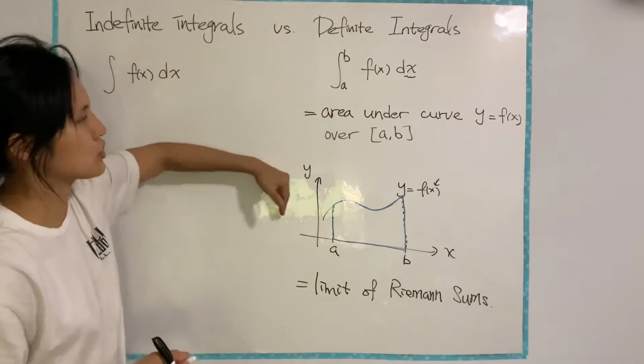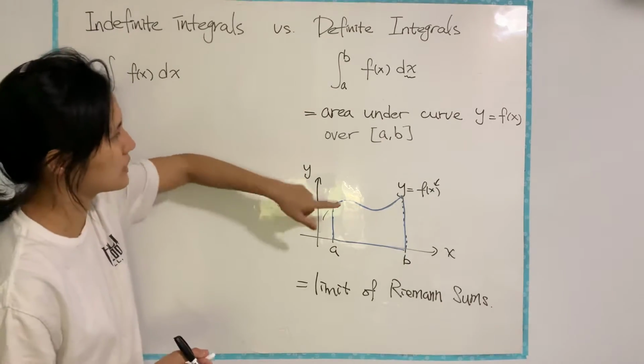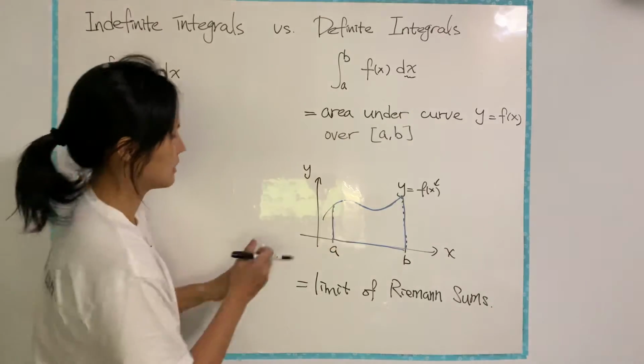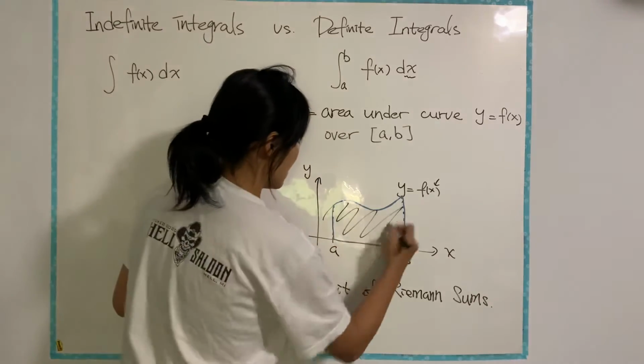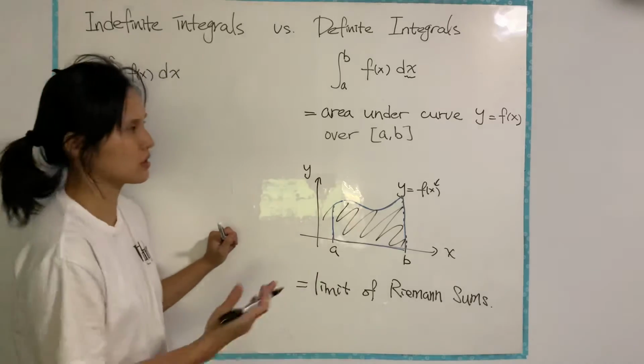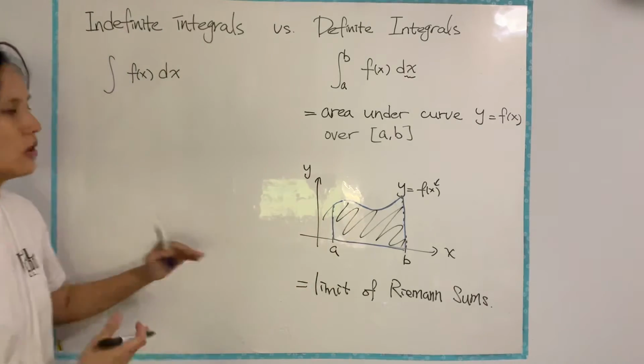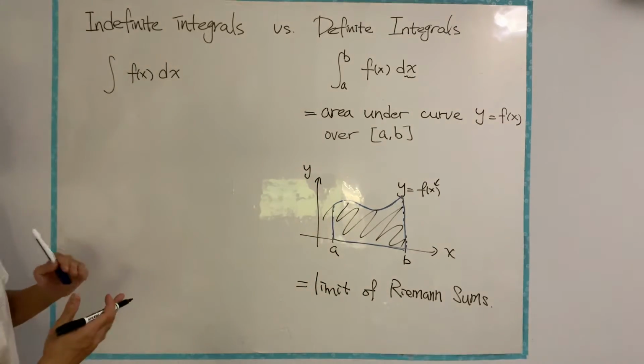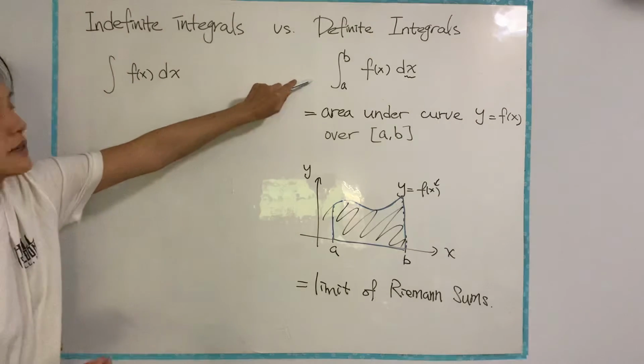It has a geometric meaning. Whatever you find, you are finding the area of the region that's under the curve y equal to f over the interval [a, b]. Okay, so that's what this notation talks about.